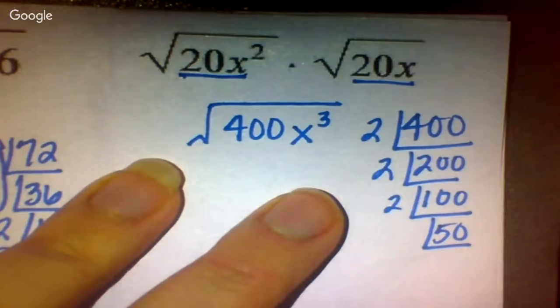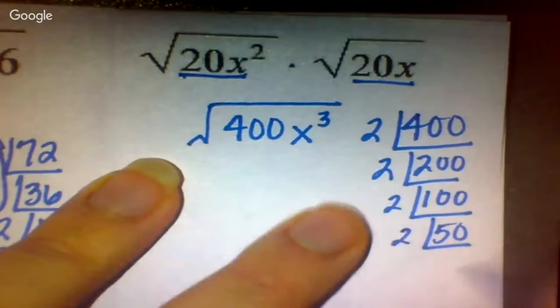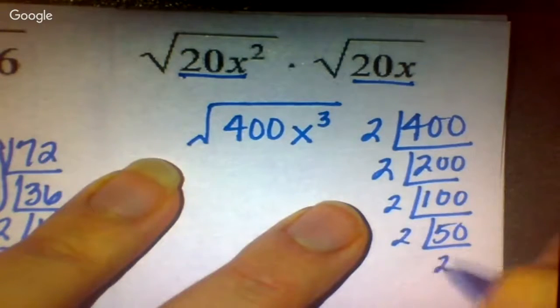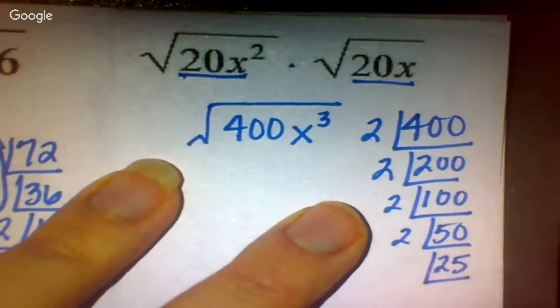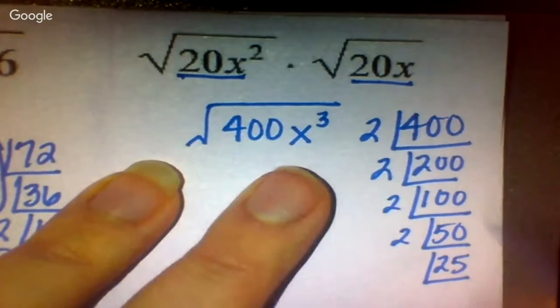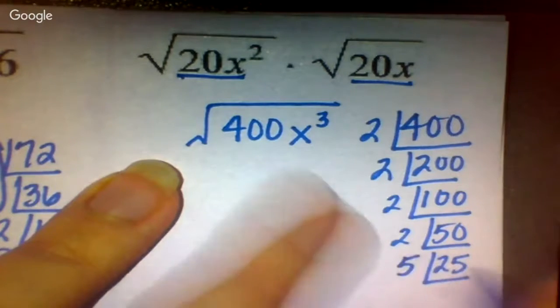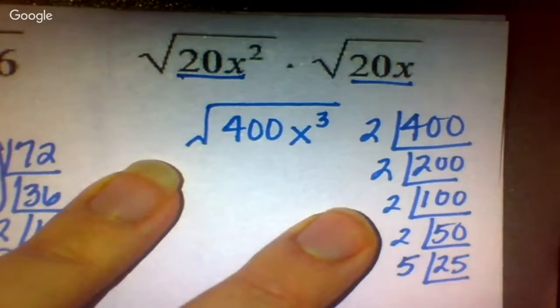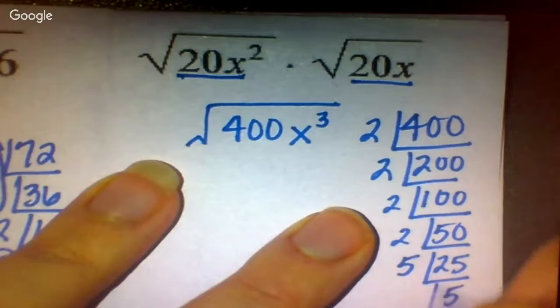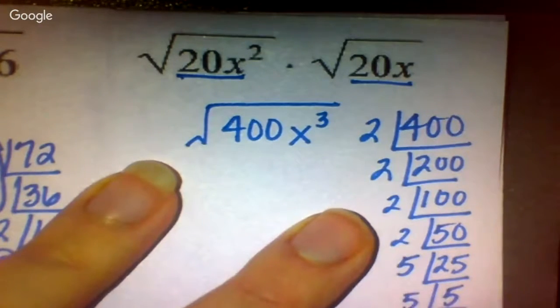Think small prime numbers. 2, and we're left with 25. Ashanti, what divides into 25? 5. Anything that ends in a 0 or a 5, you can automatically think 5. We're left with 5 and 5 and 1.